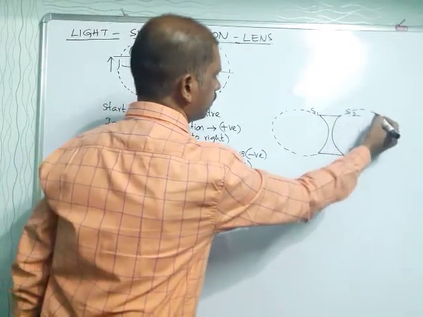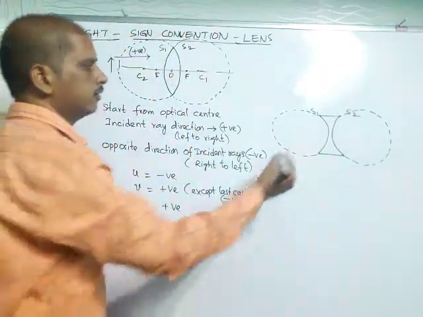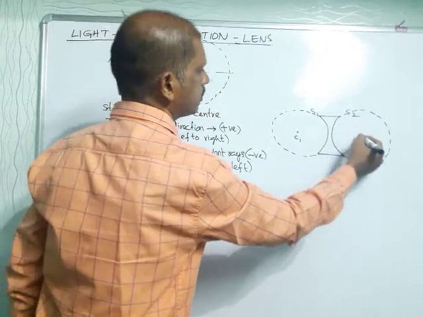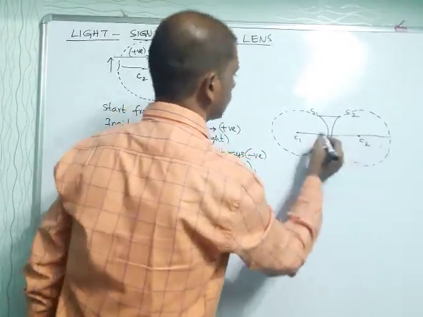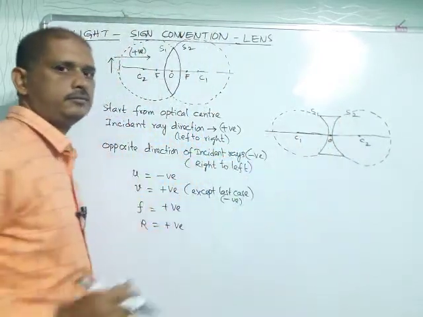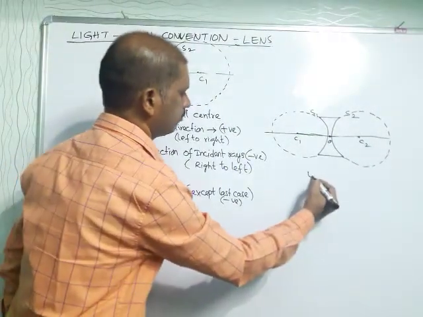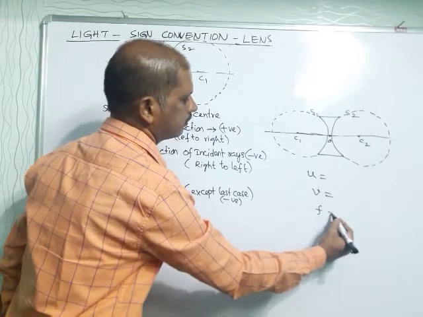This is one center of curvature, this is another center of curvature, this is the principal axis, and this is the optical center.